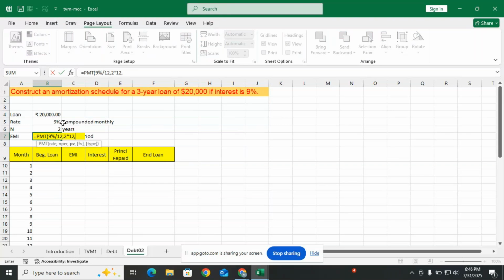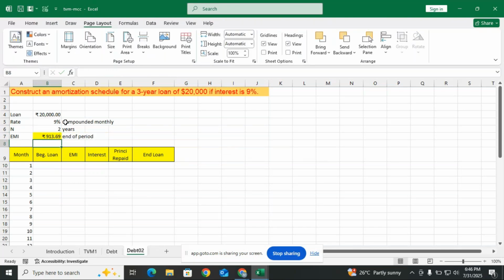Again, the principal value I've already told you, we take as minus 20,000, comma, 913.69 paise.